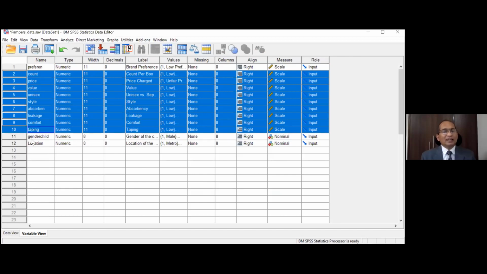There are 2 additional attributes, one is gender of the child and the other is location, that we will take up later on. Today's lecture is not concerned with these 2 attributes. We are primarily concerned with these 10 variables. One is preference, and the next are these 9 diaper attributes. So this is the case, this is the scenario that we are going to discuss.